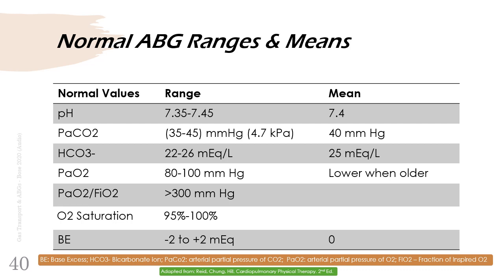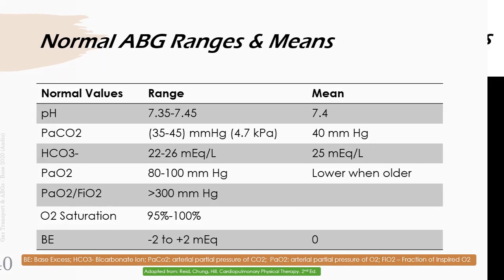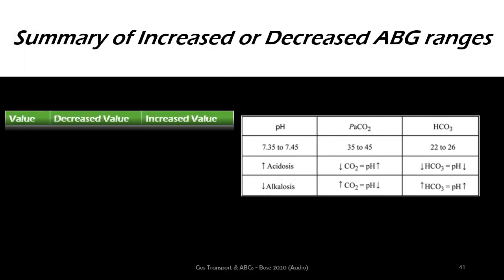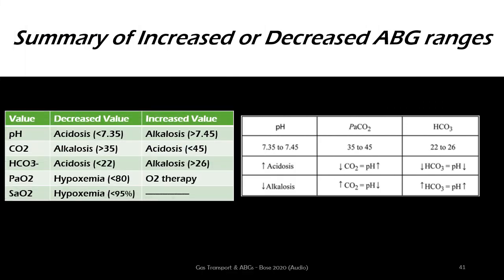On the other hand, PaCO2 is a wide range of 35 to 45. Given such wide range, a patient who is at 30 PaCO2 is abnormal, but may not be symptomatic. Looking at the left image first, and in summary, here is what happens when the values become abnormal.